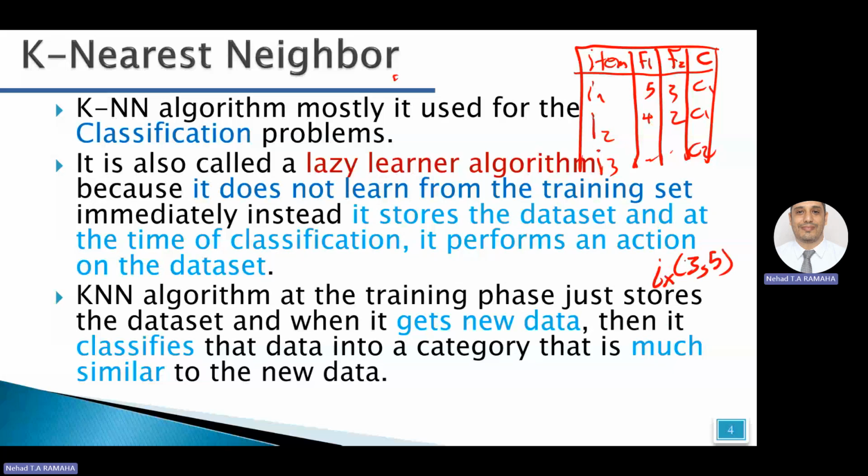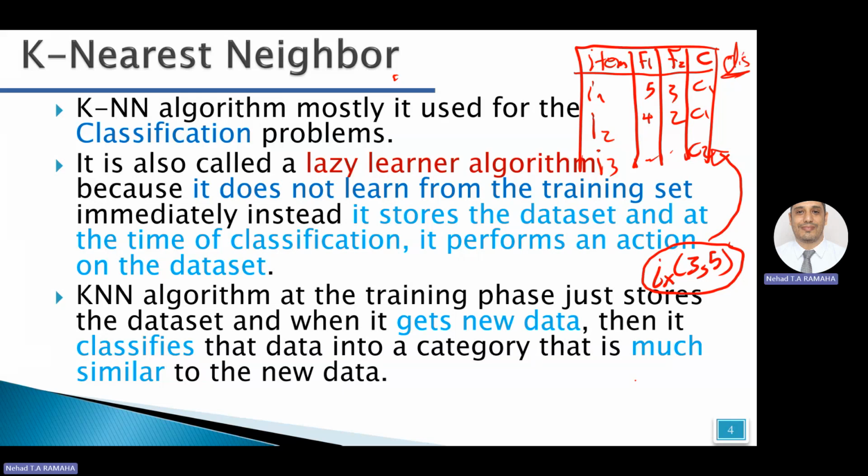So every time you will calculate the distance between the test data and the data set, your training data set. So you will have the distance here. You have to calculate it.